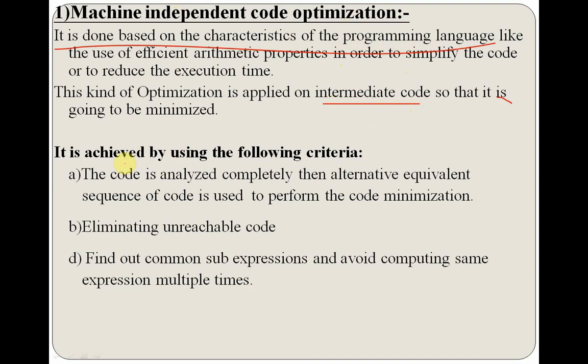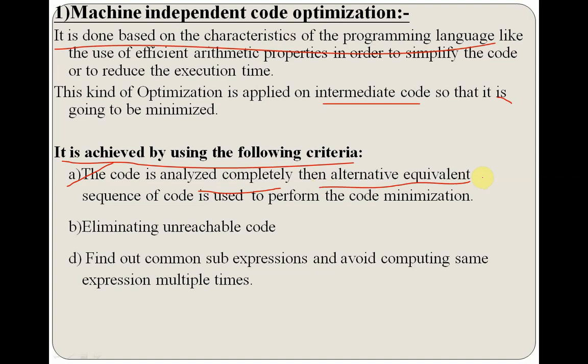Before going to the second one, see how it is achieved. It is achieved by using the following criteria. First one, the code is analyzed completely, then an alternative equivalent sequence of code is used to perform the code minimization.